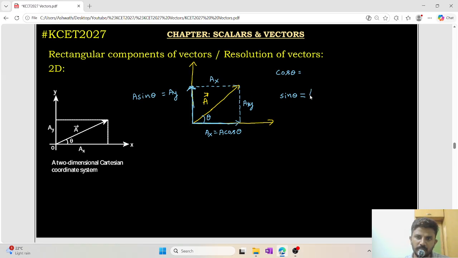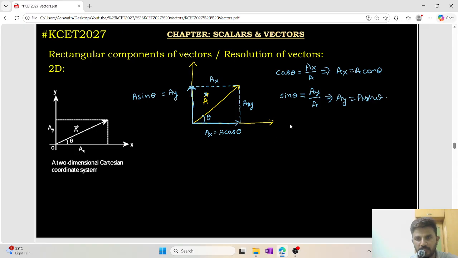A is the hypotenuse. Here the vector is there, just take the magnitude. And cos theta is adjacent by hypotenuse, that is Ax divided by A. So from this we get the Ax value and Ay value that I have written here, that is Ax is equal to A cos theta and Ay is equal to A sin theta.